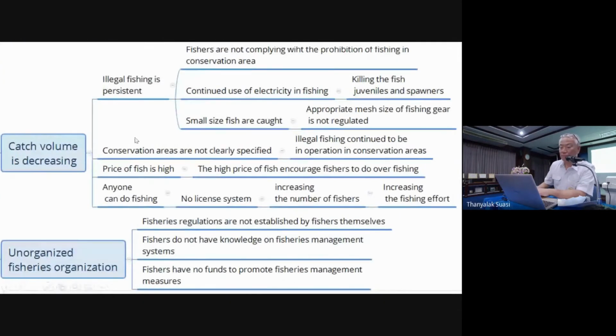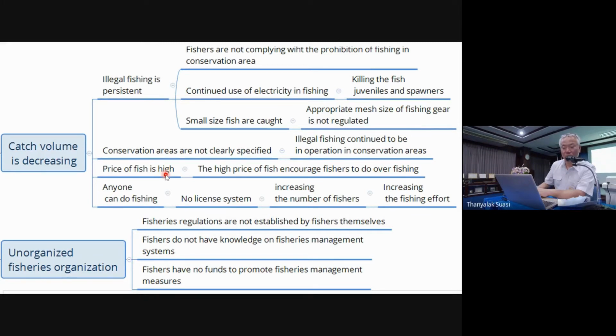And the conservation area is not clear, not identified. Illegal fishing continues operating in the conservation area. Fishers cannot understand the conservation area because from the water, it cannot be seen. And the price of fish is high.